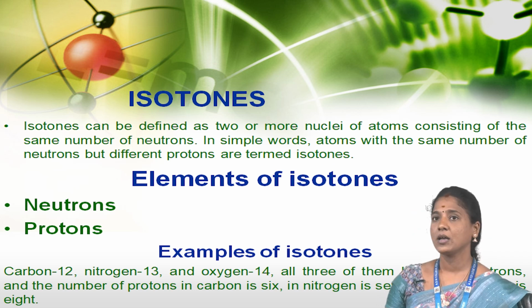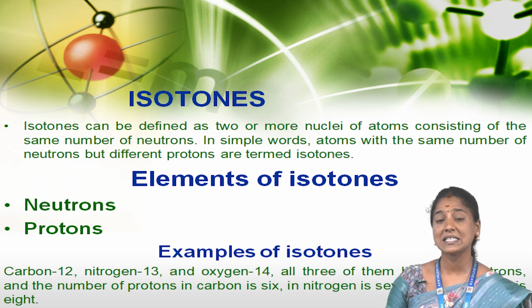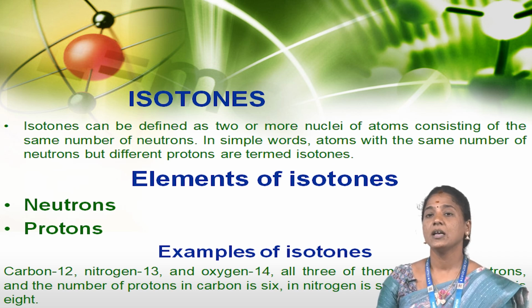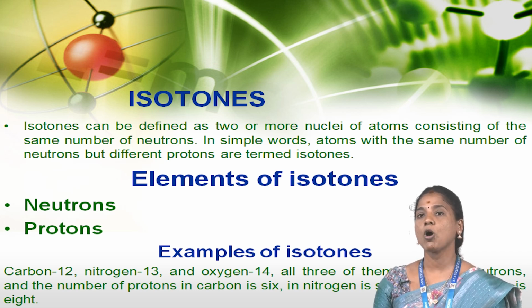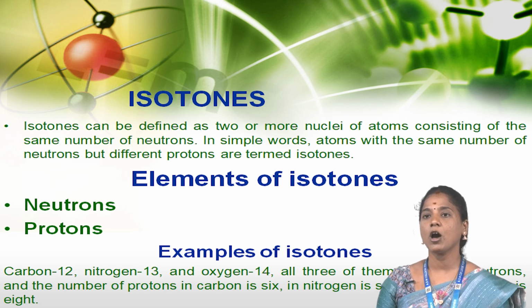Examples of isotones. Isotones are atoms having the same number of neutrons and different numbers of protons. There are several examples of isotones. Some examples include carbon 12, nitrogen 13 and oxygen 14.